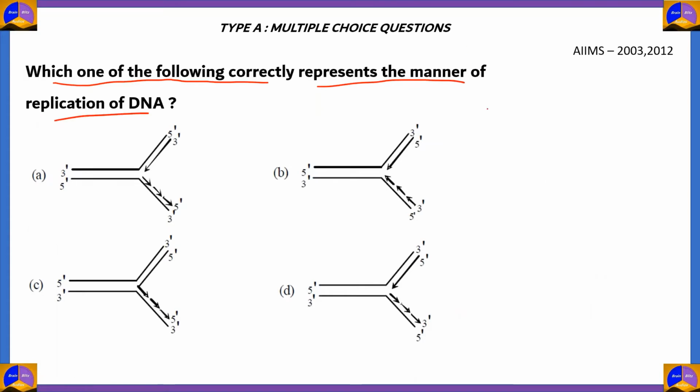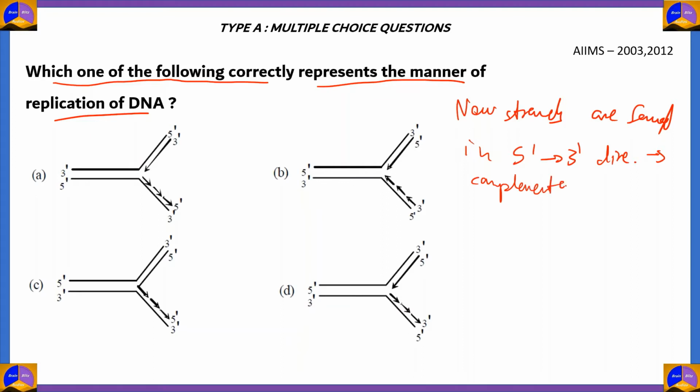So before we check into all the diagrams given here, there are two rules. First rule, new RNA strands are formed in 5' to 3' direction, and they are complementary to DNA polarity. This is number one.